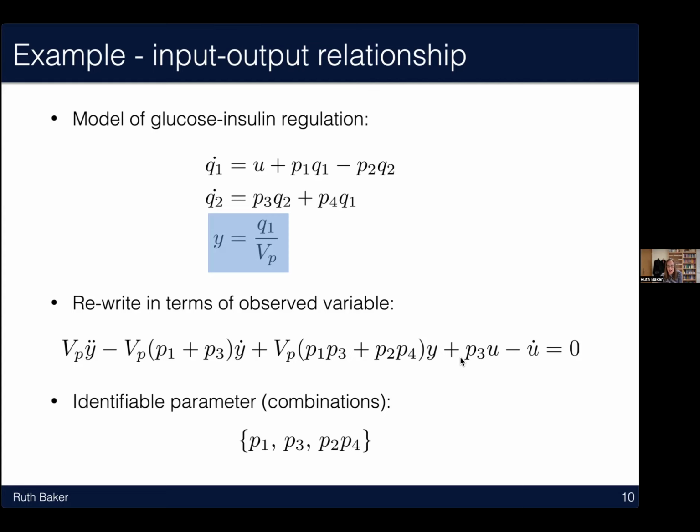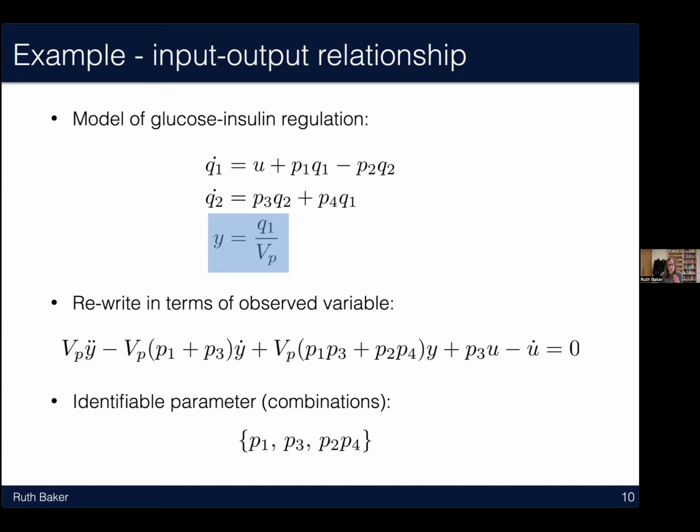In this context, I can get P3 from looking over here at the coefficient of U. If I look at this coefficient, I can then get P1, because if I know P3, I can get P1 from here. And if I know P1 and P3, the 2 parameters that I can't get uniquely, only as a product, are P2 and P4.